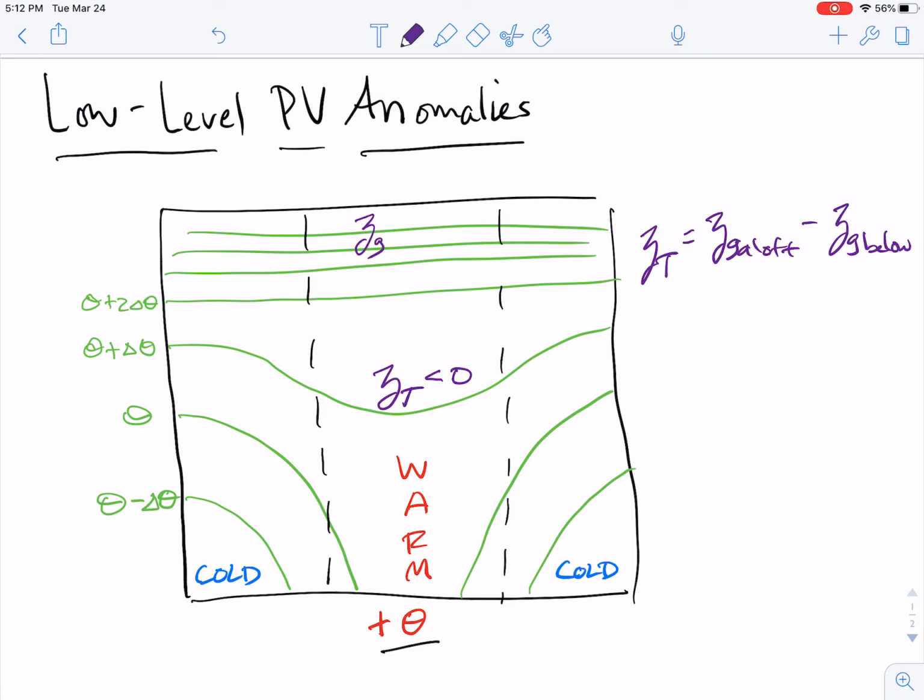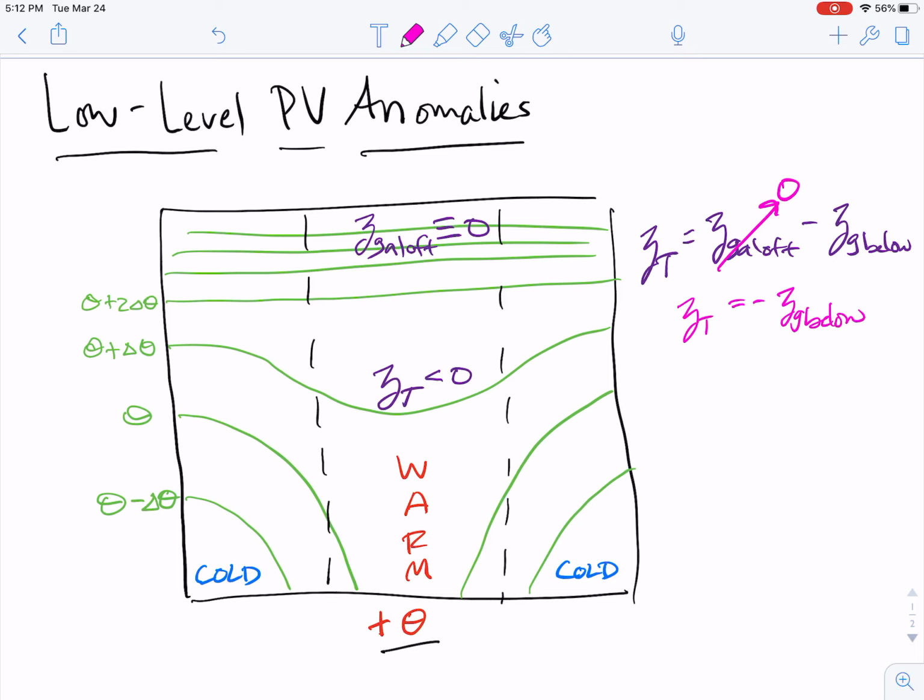So zeta sub g aloft, we're going to define, so 3 lines here, equal to 0. If that is the case, then this term goes to 0, such that we end up with our relationship for this particular setup as zeta sub t equal to minus zeta sub g below.